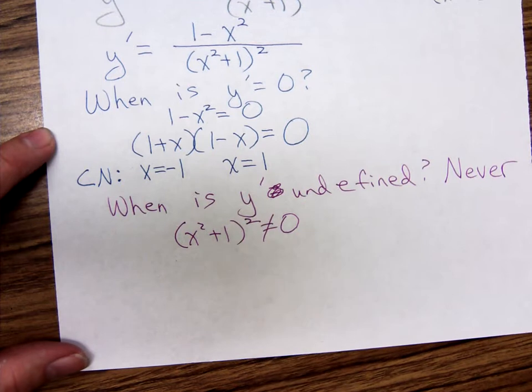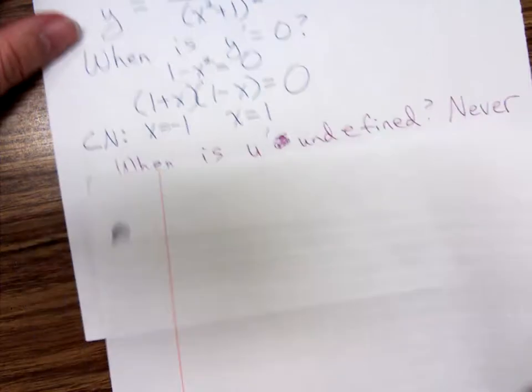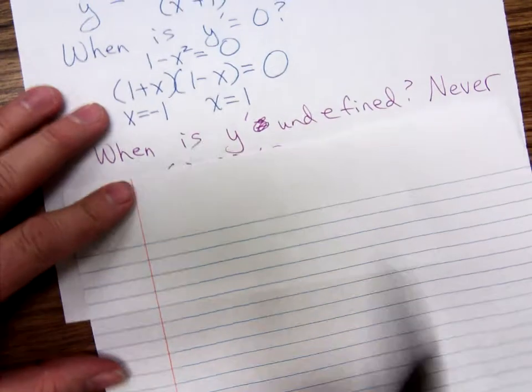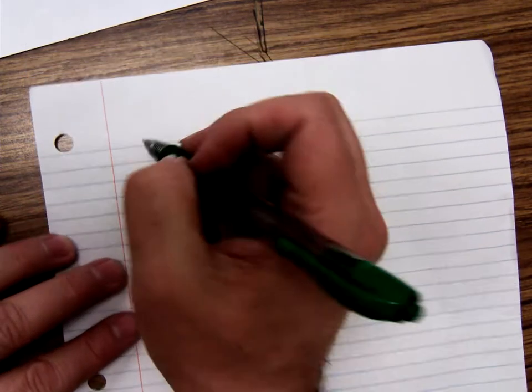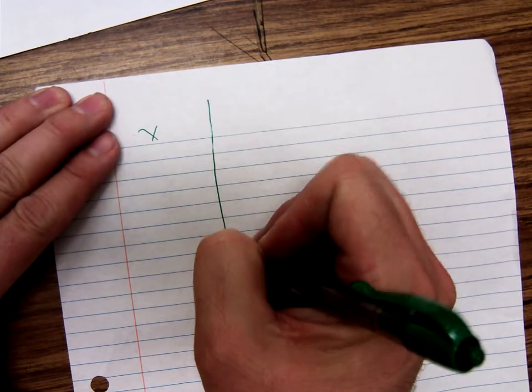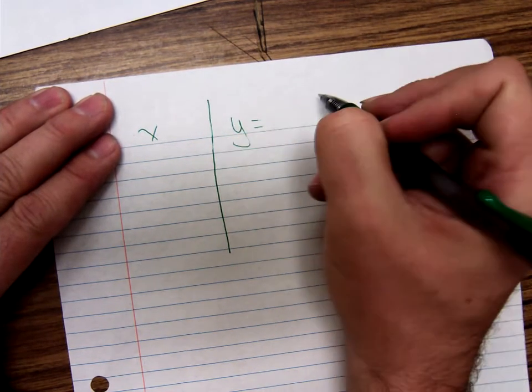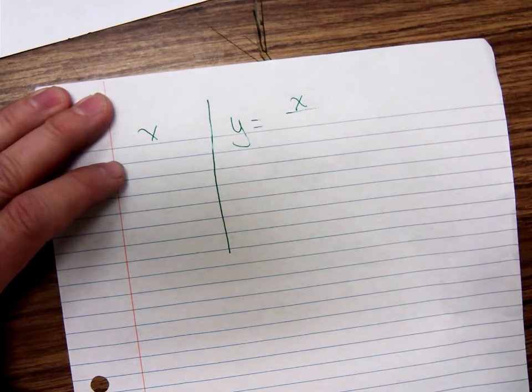So we're going to make a table. Someone has an extra sheet of paper? Thank you. Okay, so I'm going to make myself a table. I have my x values, and my y value is the function, x divided by x squared plus 1.